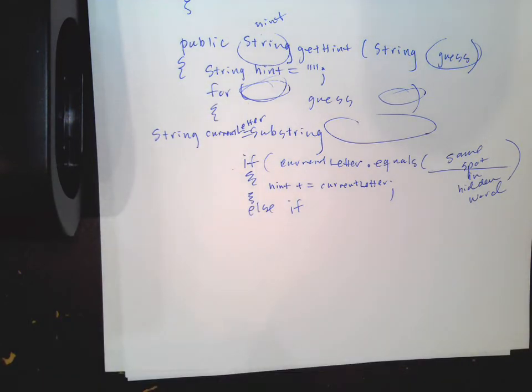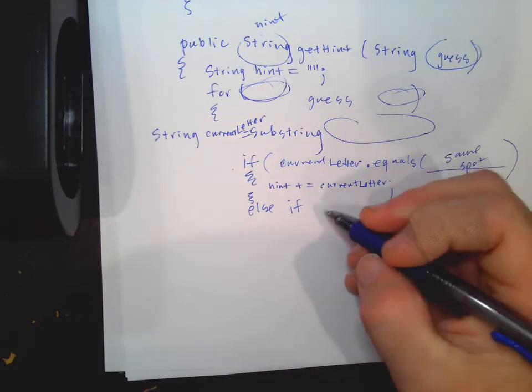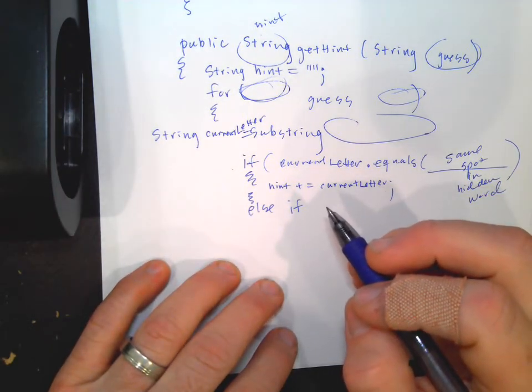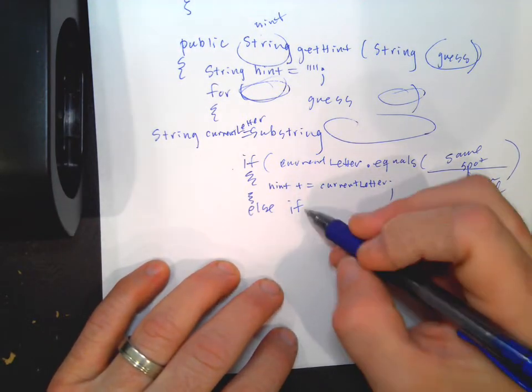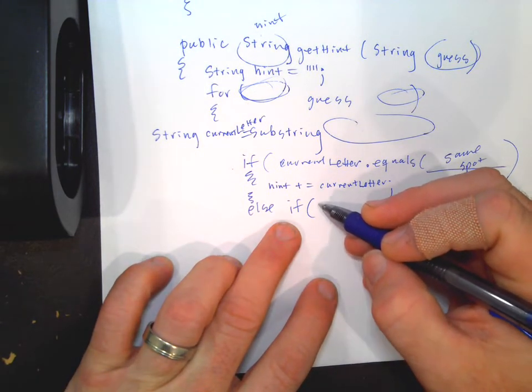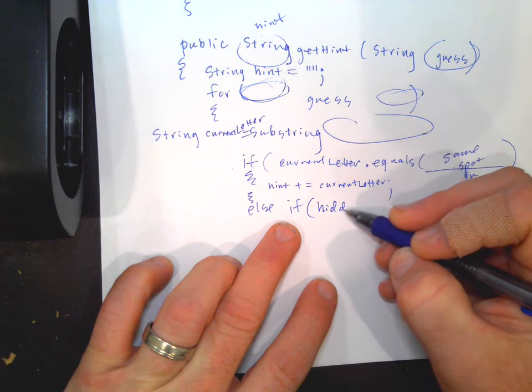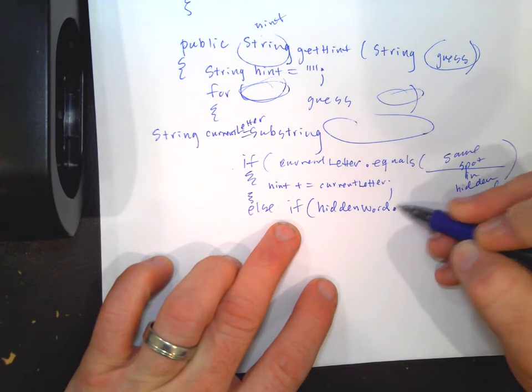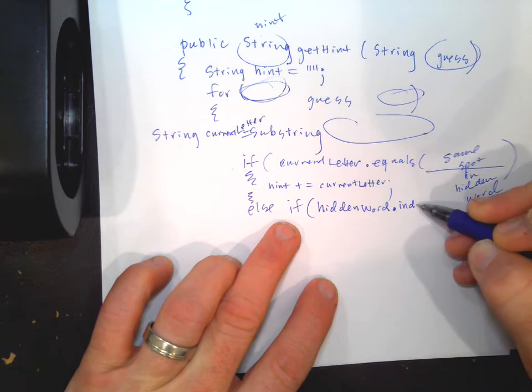The other one is that it's somewhere else in the word. Now, this is where I think I'm going to use that index of. So the way index of works is you take a string, so you take hidden word dot index of.